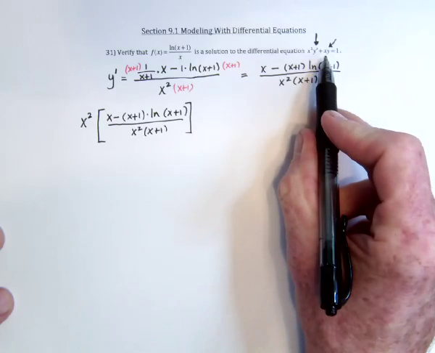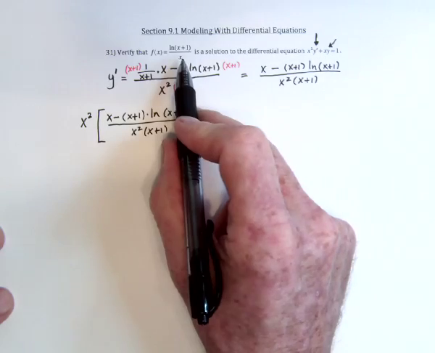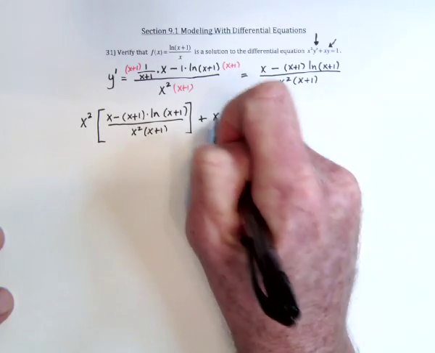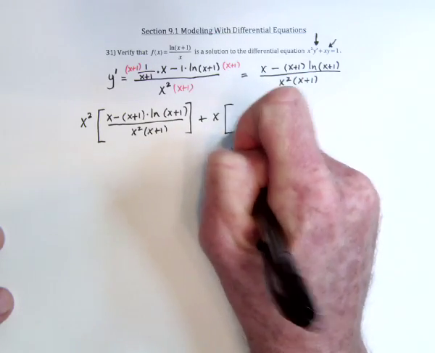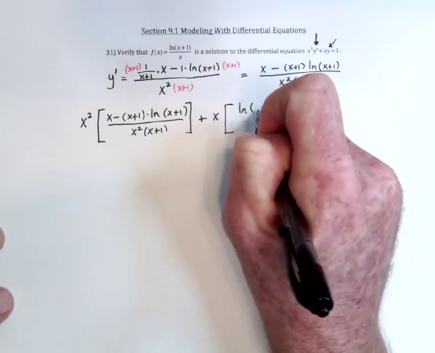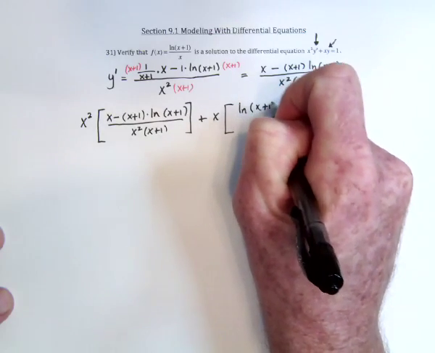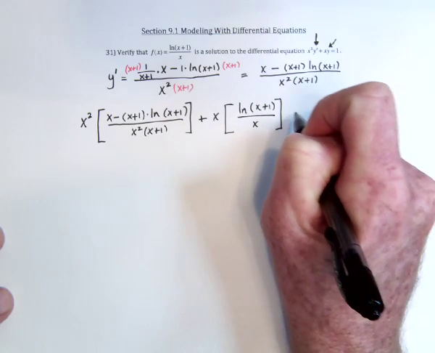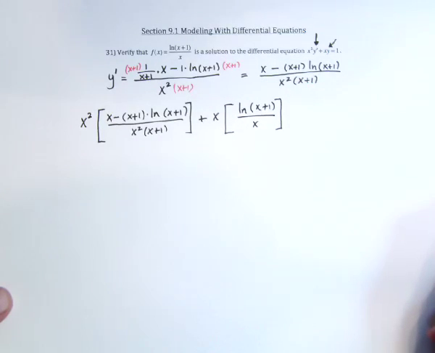And then x gets multiplied with the original function. And then supposedly all of this is going to cancel and just leave us the number 1.